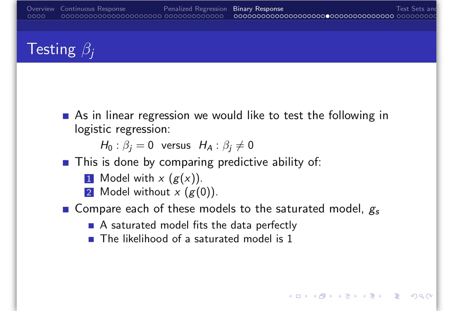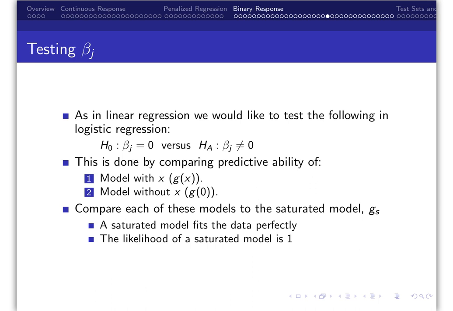As in linear regression, we may be interested in testing whether beta sub j equals 0 versus it does not equal 0 in our logistic regression model. In other words, we may want to test whether x sub j is significantly associated with our binary response y, controlling for all other variables. We can compare the predictive ability of x by including it in the model, and then also assess the model when not including x in the model.